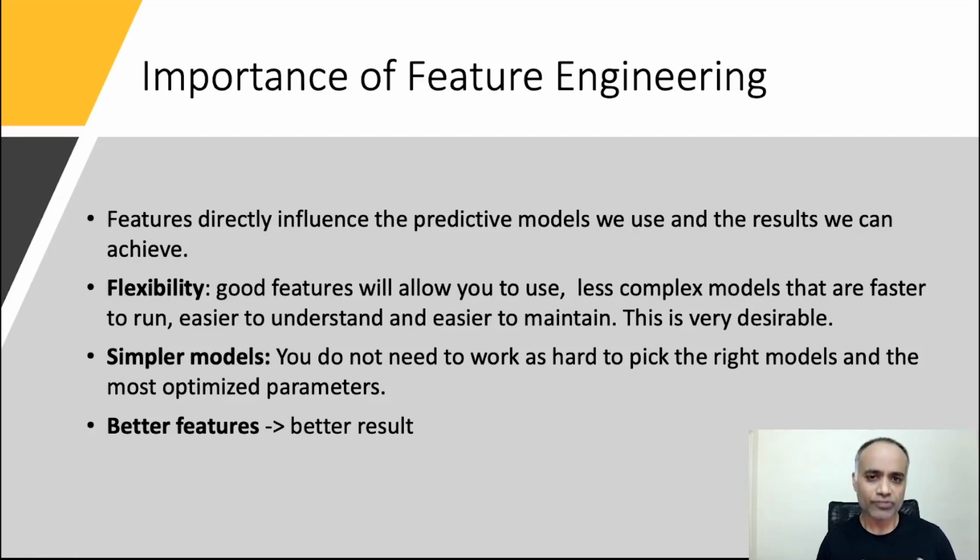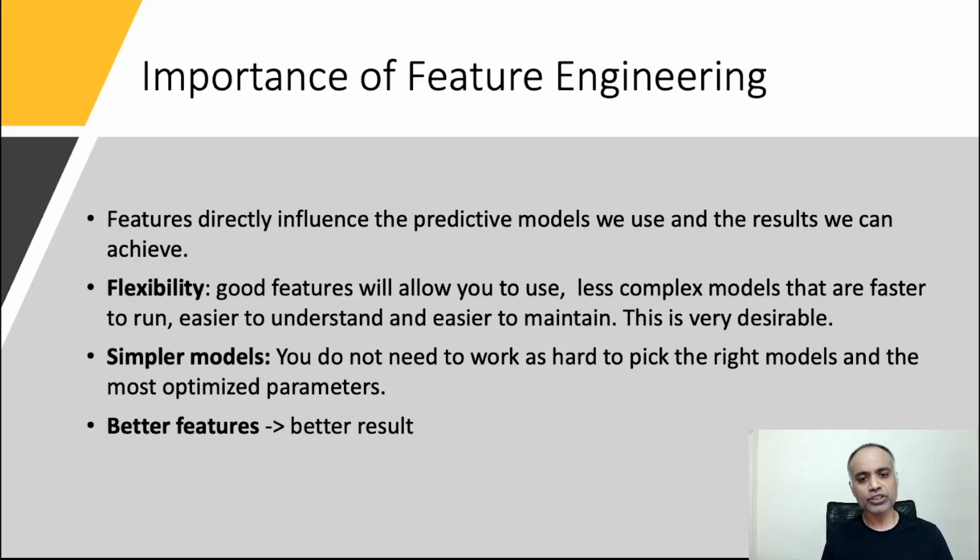So why is feature engineering important, and why do people spend more time on it? Because the features directly influence the predictive model we use and the results we can achieve. So it directly influences your prediction, so your model. The better you do the feature engineering, the better your model will perform.